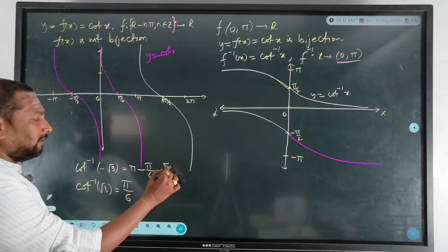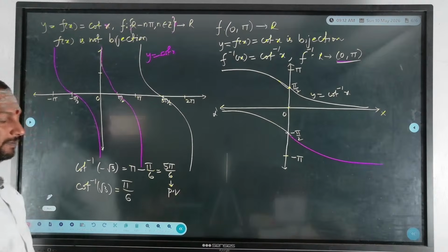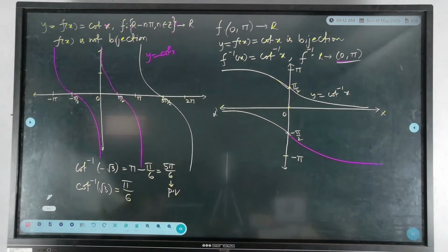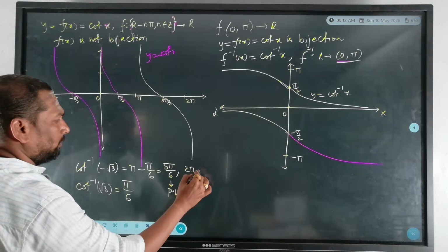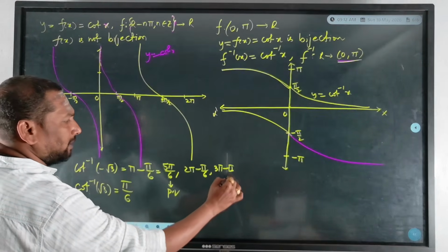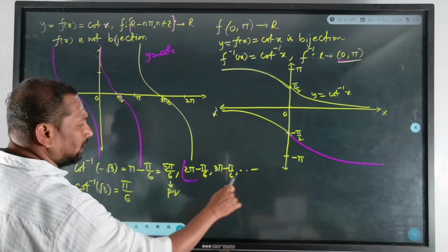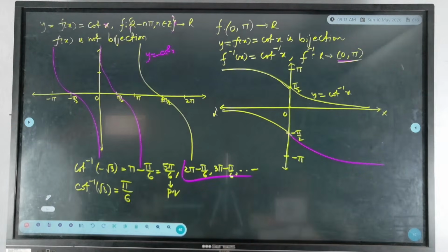That is 5 pi by 6. It is the principal value. We will get the remaining values also: 2 pi minus pi by 6, 3 pi minus pi by 6 and so on. But these are all not considered. Only the principal value 5 pi by 6.